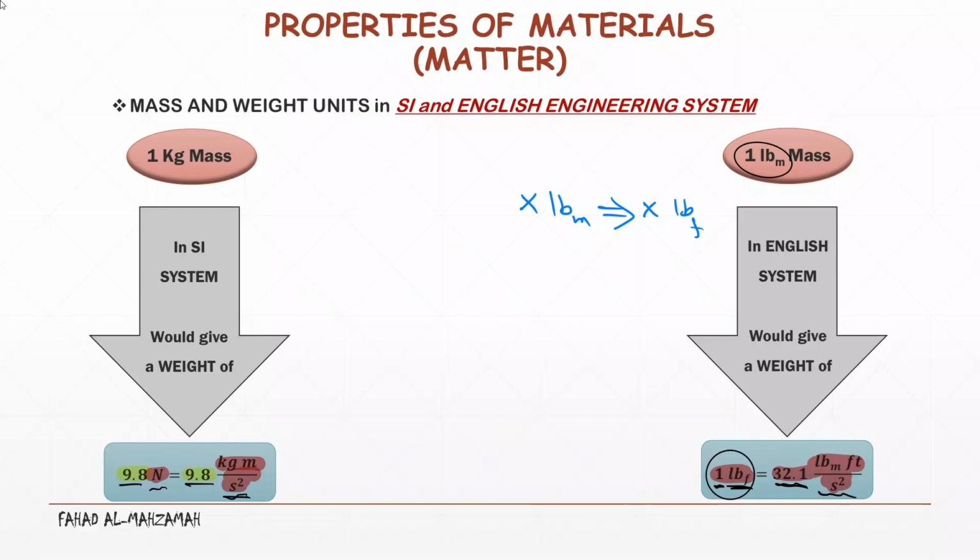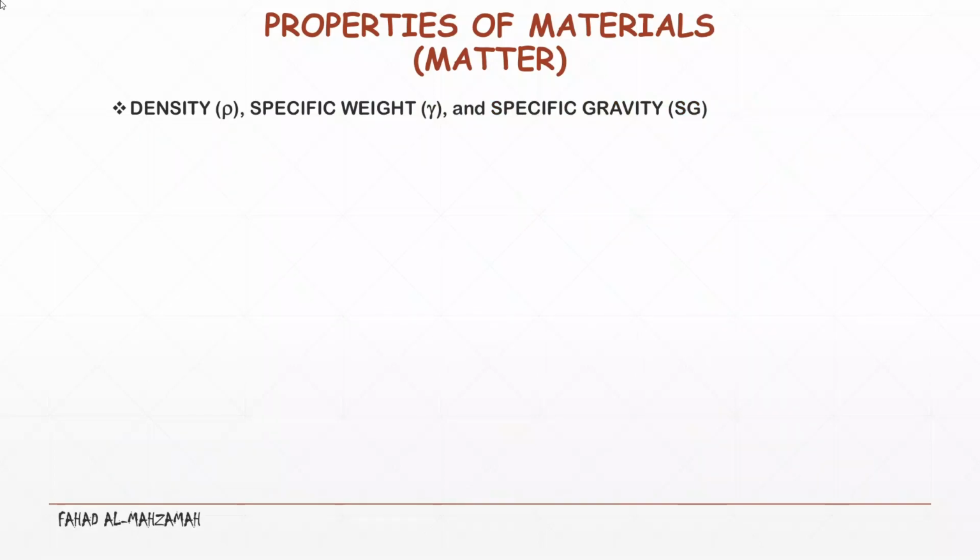While in the international system, x kilogram of mass would give a weight of x times 9.8 Newton. This is the main difference between the international system and the English engineering system.